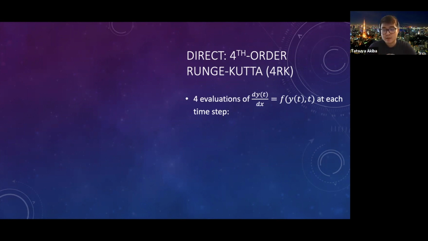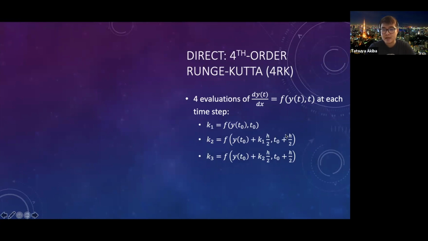So fourth order Runge-Kutta, as the name suggests, is going to include 4 evaluations of this derivative function at each time step. The first one, K1, is going to be looking at the left endpoint, the previous time step, evaluating the function there. K2 and K3 are going to evaluate it at the midpoint. And then finally, K4 is going to evaluate at the right endpoint, the next time step.